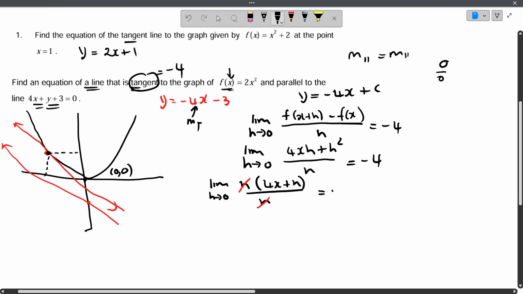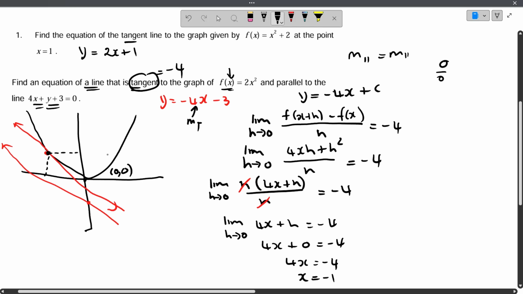Let's say this is equal to -4, and then you'll be left with the limit as h approaches 0 of 4x plus 2h is equal to -4. And if you do the direct substitution, you will have 4x plus 0 equal to -4. Therefore 4x is equal to -4, and hence x is equal to -1.